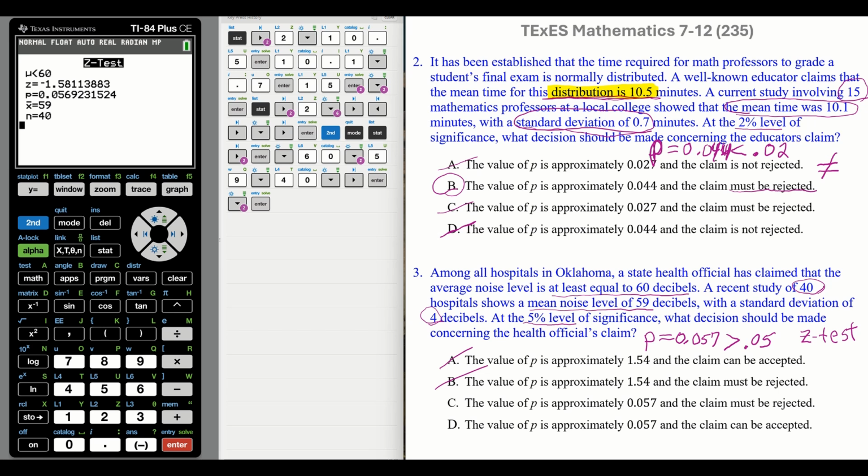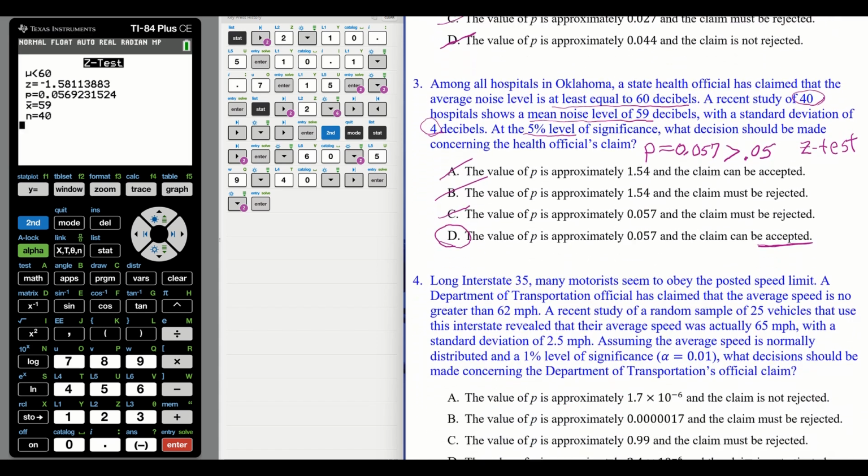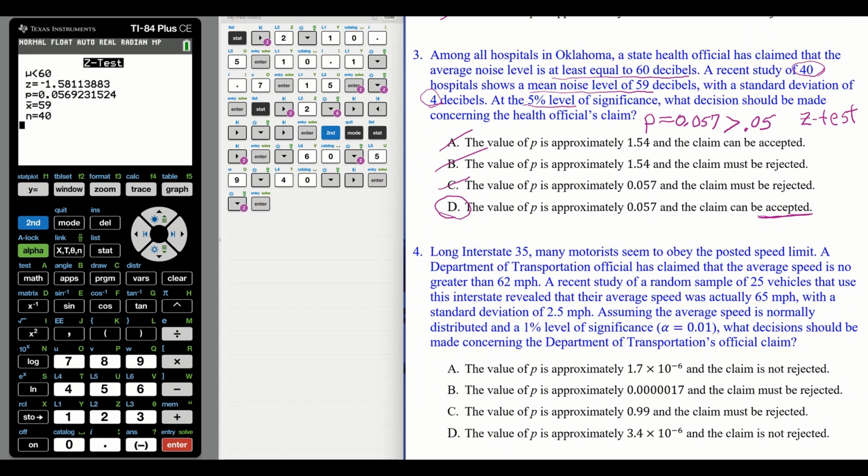We cannot reject. And see where it says must reject? We aren't necessarily accepting it. You may see these words, but it's not industry standard. But for this test question, you select D. I know that's annoying, but they do that. It's just the wording. It's uncomfortable.